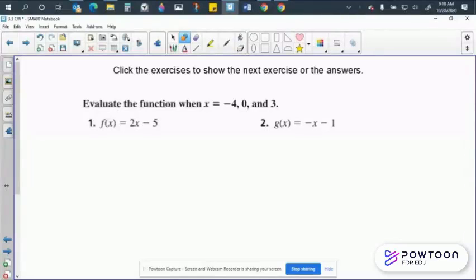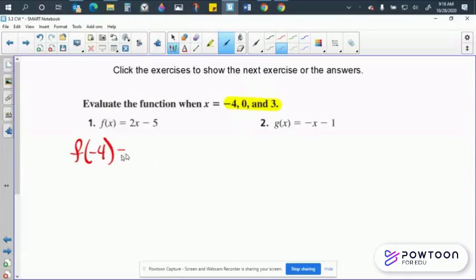Now we will evaluate f of x at these points. First, for f at negative 4, when we substitute negative 4 in for x, we will get negative 8 minus 5, which equals negative 13.